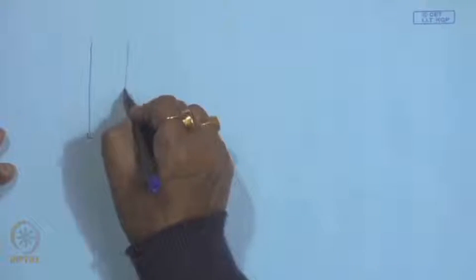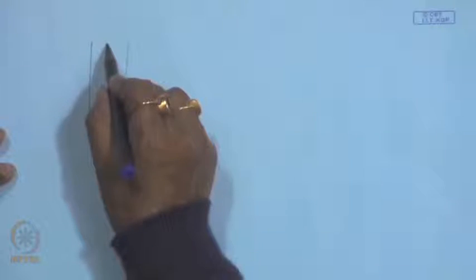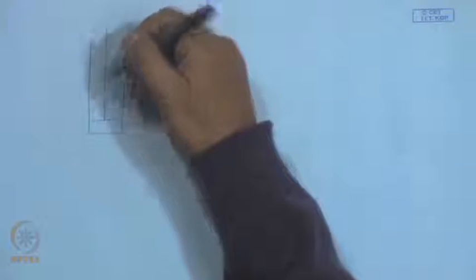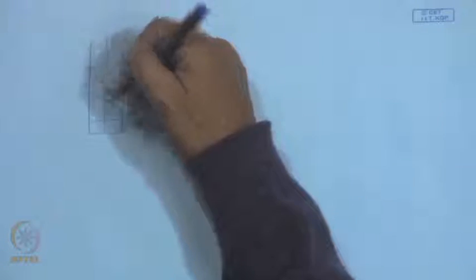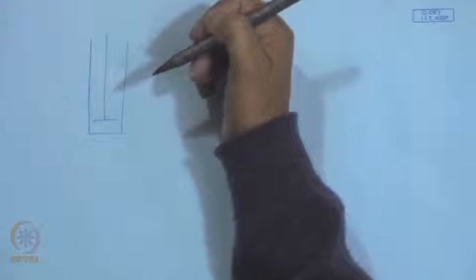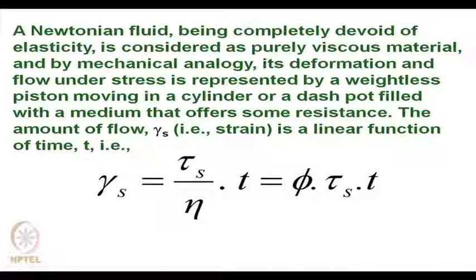So, this is a cylinder or dashpot, and this is the piston. This piston is weightless, moving in the cylinder or dashpot, with a medium that offers some resistance. So, this movement of the piston within the cylinder or dashpot can be compared with the flow behavior of a fluid.